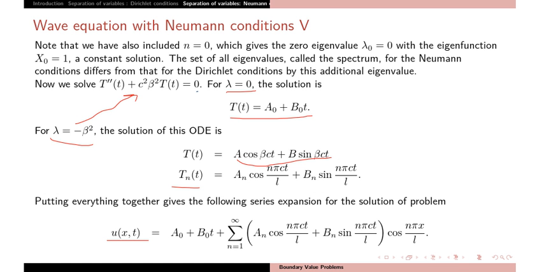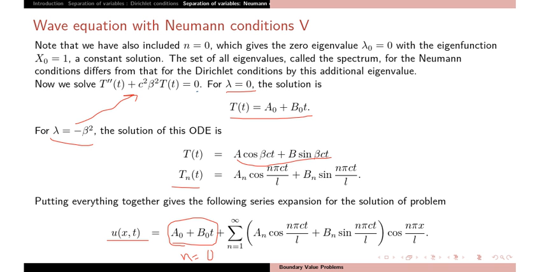When n equals 0, cos 0 is 1, so I am writing a separate term for n equal to 0. The solution is thus a0 plus b0 t.